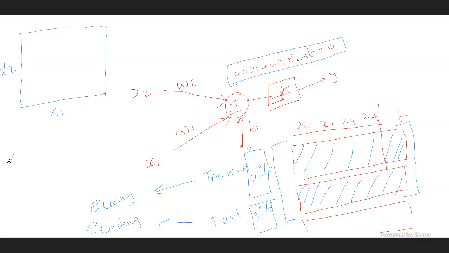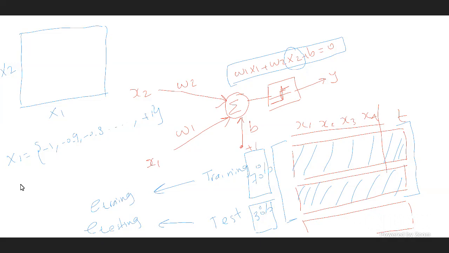I generated values for x1. It could be, for example, -1, -0.9, -0.8, until +1. So I selected those data points for x1. I will substitute them into this equation. I have x1, so I need to find a value for x2.